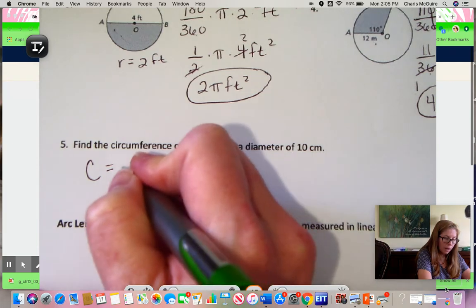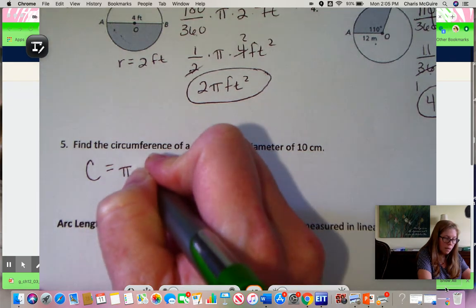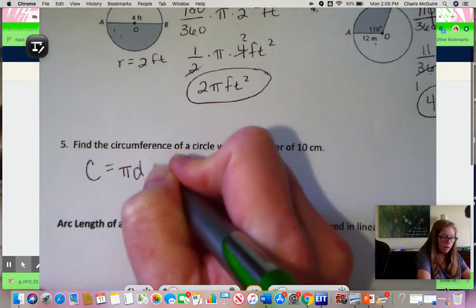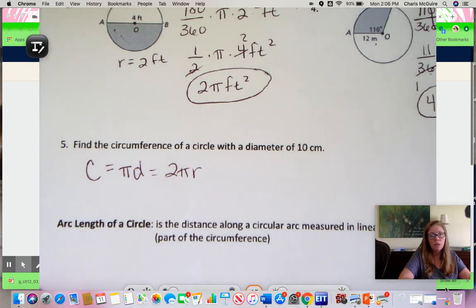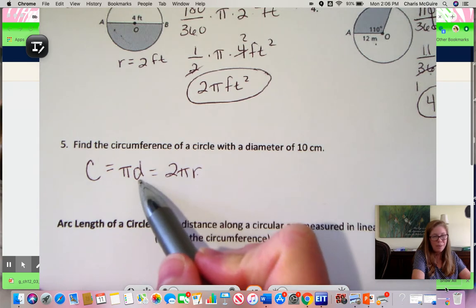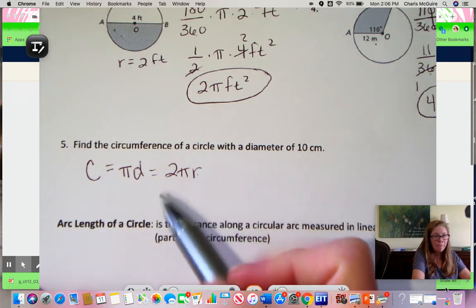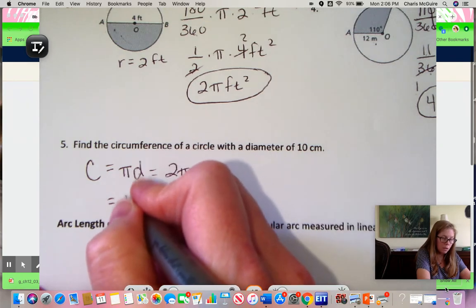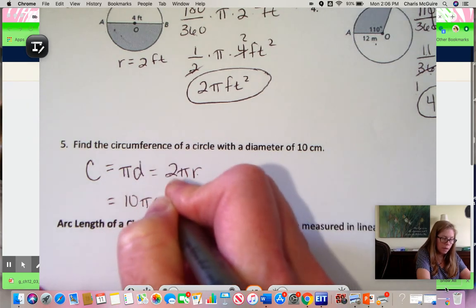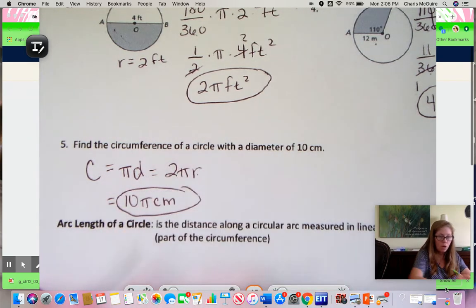And we've got pi times the diameter as one formula, or you can do 2 pi r if you're working with the radius, but it takes 2 radii to make 1 diameter, so there you go. And in this problem, we know the diameter is 10 centimeters, so it's just 10 pi centimeters is your circumference.